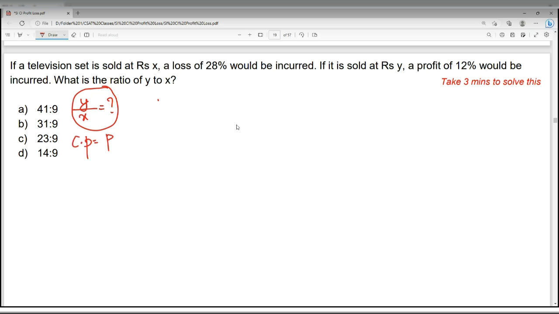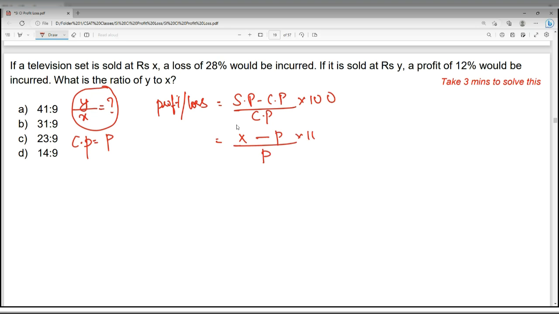So profit or loss percentage is equal to selling price minus cost price upon cost price into 100. Here the selling price is X and the cost price we don't know, so that is P, into 100 is equal to loss is 28%.